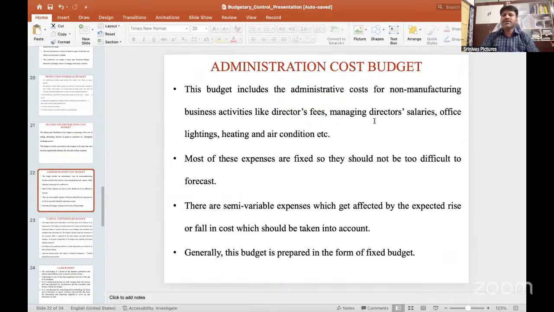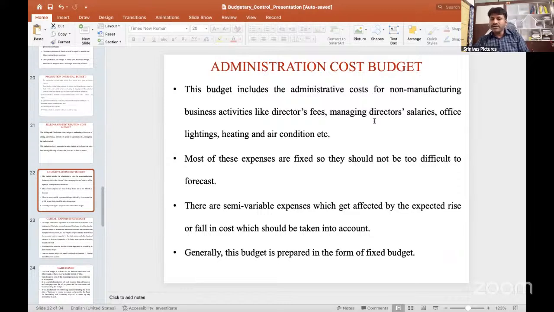What is the administration cost budget? The administration cost budget generally covers non-manufacturing business activities like directors' fees, managing directors' salaries, office lighting, heating, and air conditioning. These are not costs relevant to manufacturing itself.